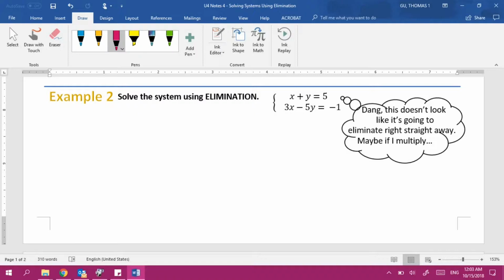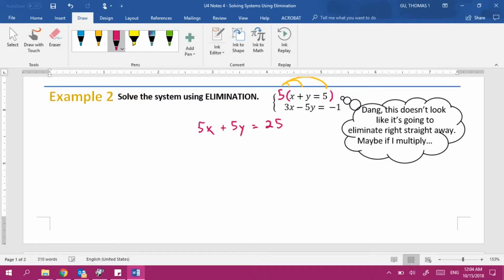But watch this. What if I take the top equation and multiply the whole thing by 5? If I multiply the whole top equation by 5 and distribute, 5 times x is 5x, plus 5 times y is 5y, equals 5 times 5 is 25.